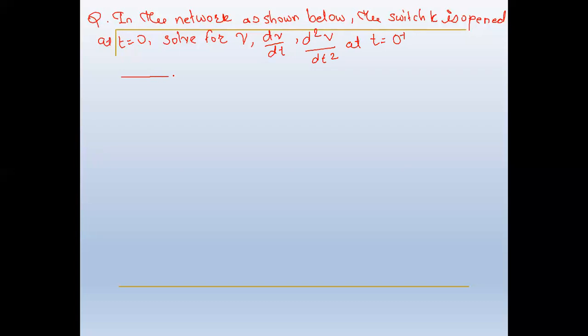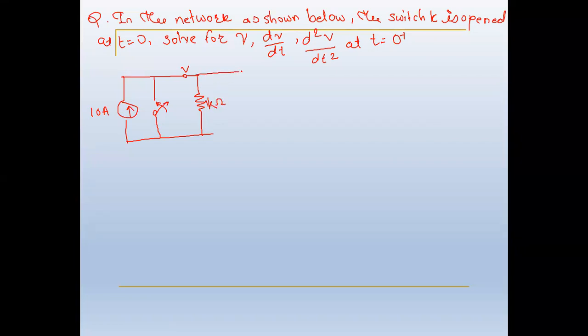So the things we have are the node and the switch. Then this is the current source they have mentioned, which is of 10 ampere. The resistor is connected across, the value is 1 kilo ohm, and a capacitor is of 1 farad.